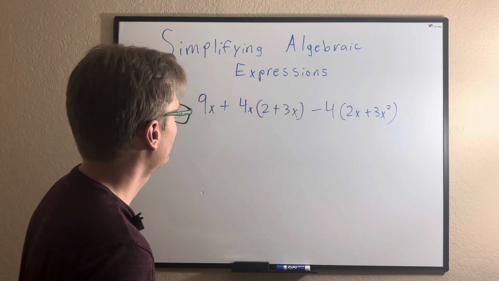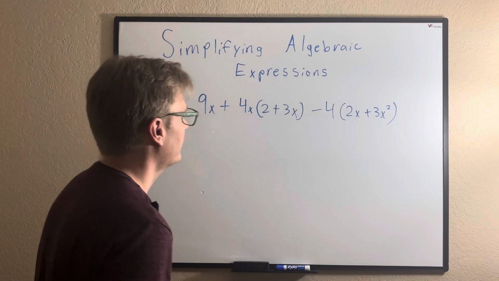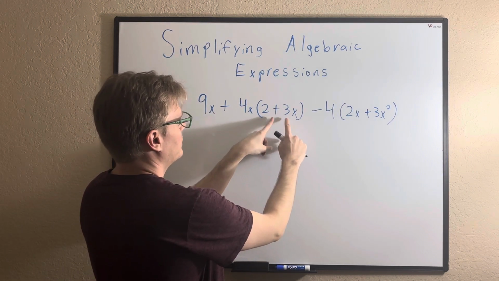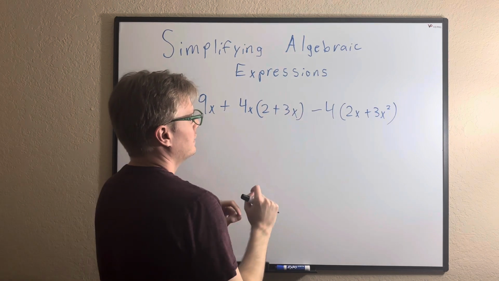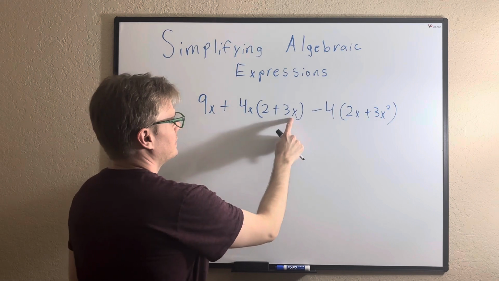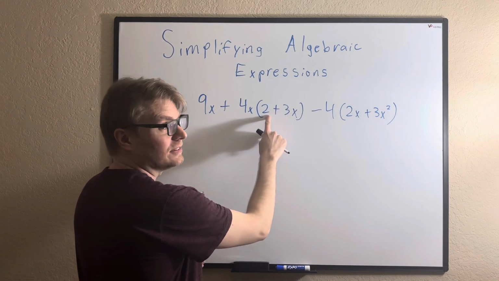So, first of all, order of operations, parentheses first, right? You'd think, oh, we could combine the addition problems in here, but we can't because there's an x there that is not there.